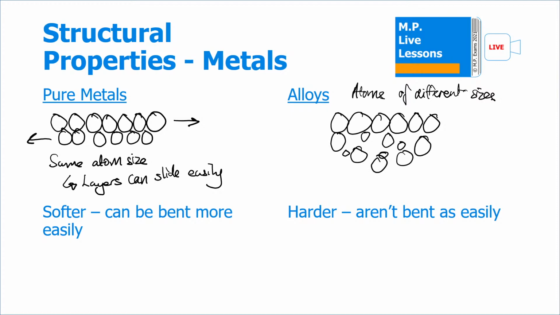So layers are disrupted, harder to slide and bend. So this is why many alloys like steel are much stronger and more useful compared to just the pure metals like iron.